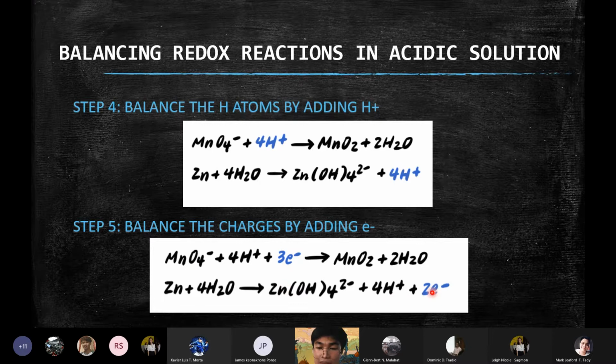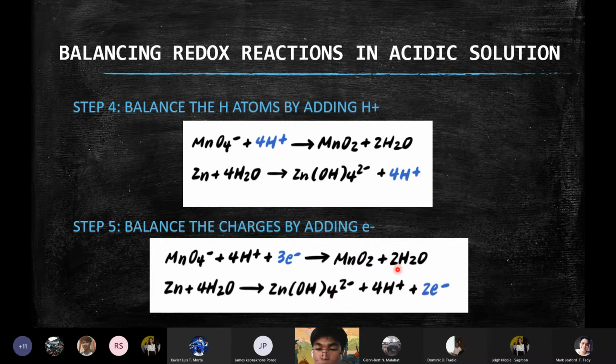The same happens with the second half reaction. Take note, there is no charge here. That's 0, 0, 0, 0. And in Zn(OH)4, we have 2 minus, so the charge here is negative 2.